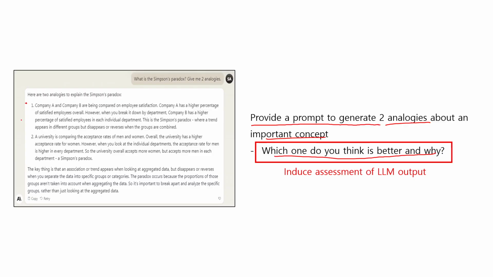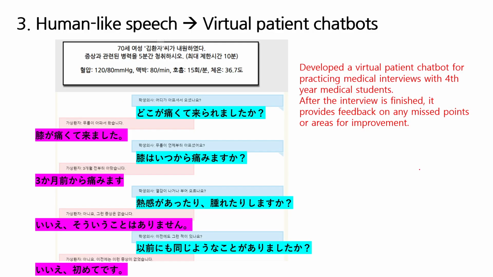So the student generates two analogies, and then they have to read the output and write about their thoughts about the two examples. So this kind of assignment induces the students to assess the LLM output. And I think this kind of ability will become more and more important for the students, where AI becomes more abundant in their learning environment. Let's move on to the next ability.